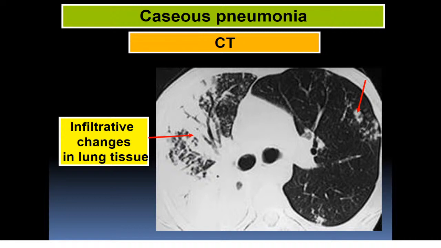On this CT scan, we can see infiltrative changes in the lung tissue of the right lung, a large infiltrate, and we can see infiltrates and focal shadows in the opposite lung, the left lung.